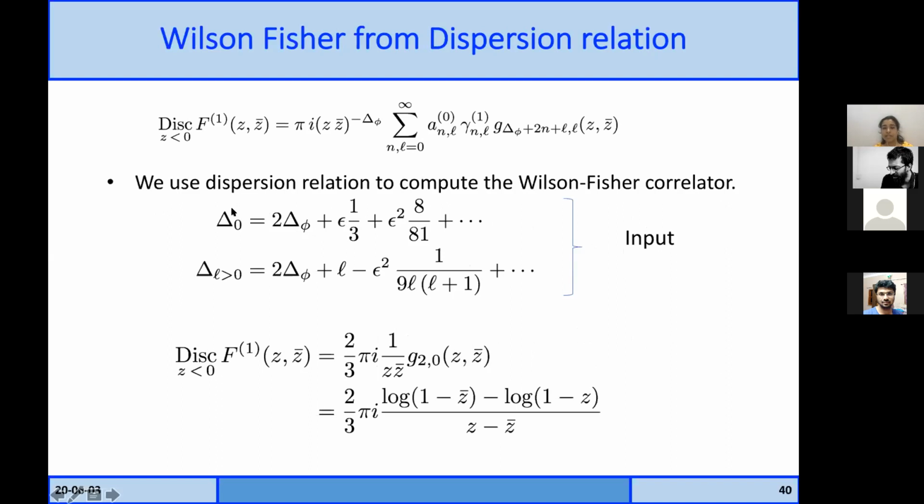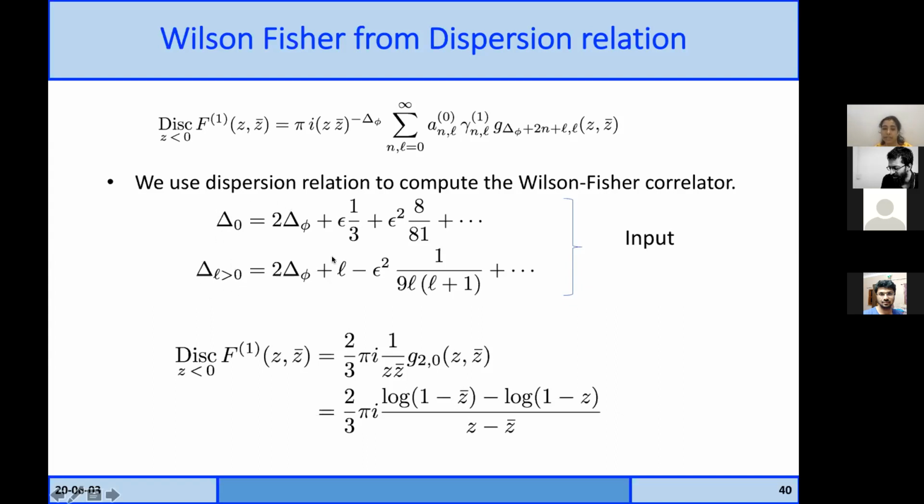So we use the dimensions which we have in the Wilson-Fisher theory as our input. It has an expansion in epsilon. So we expand everything in epsilon, and the dimension in 4 minus epsilon. This is a scalar operator that we have, and these are the highest spin operators.